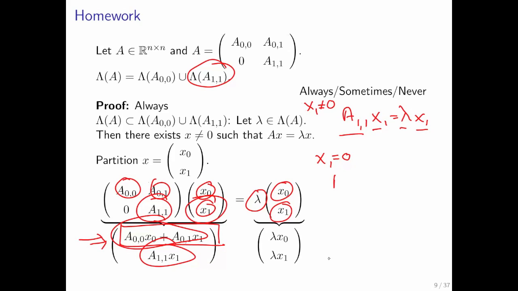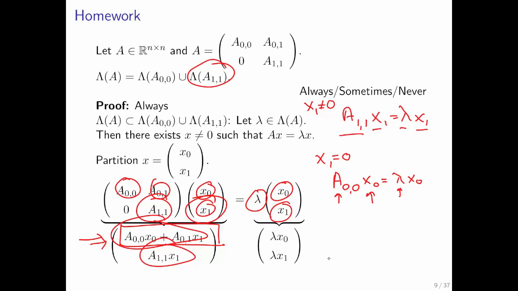Now, if x1 is equal to 0, then we notice that this top part right here boils down to A00 times x0 is equal to lambda times x0. But that means that x0 is an eigenvector associated with lambda for A00.